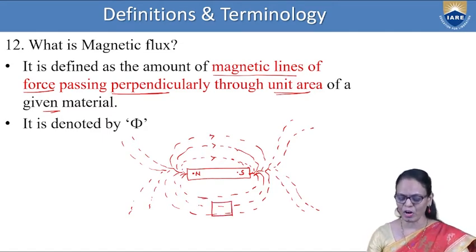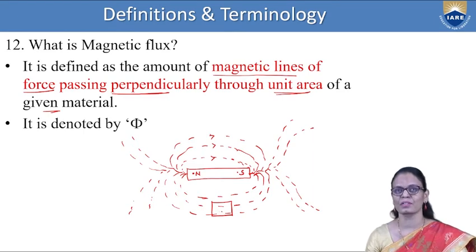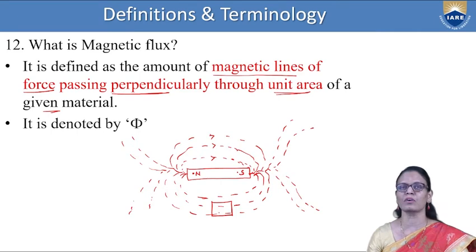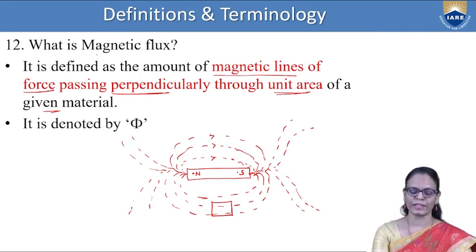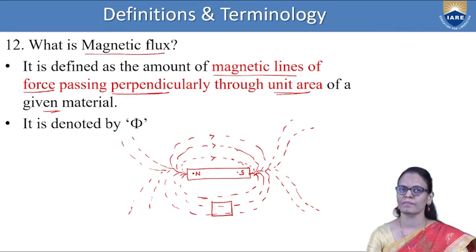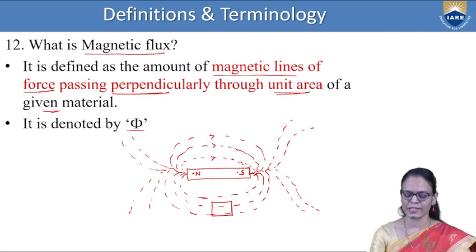The number of lines of force passing perpendicularly through unit area of this material we call magnetic flux, and it is denoted by phi.